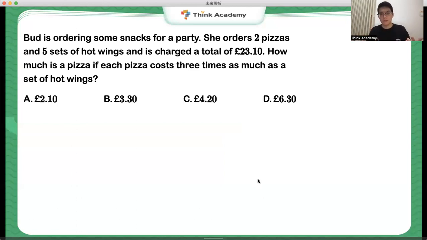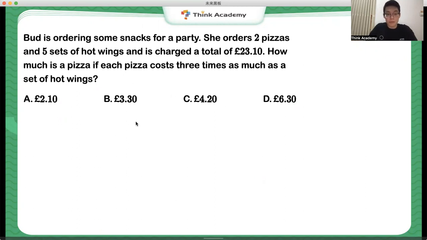Not necessarily, because the question already gives us the relationship between the two unknowns: each pizza costs 3 times as much as a set of hot wings.